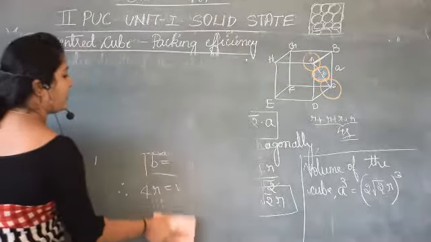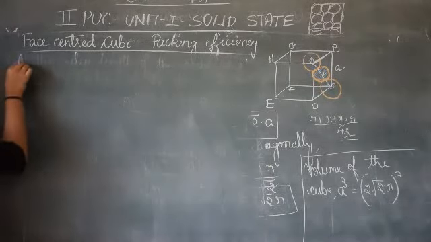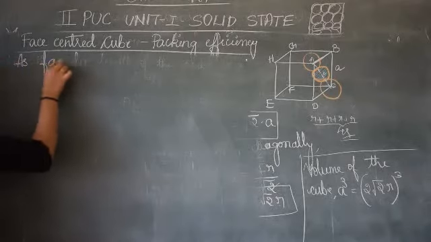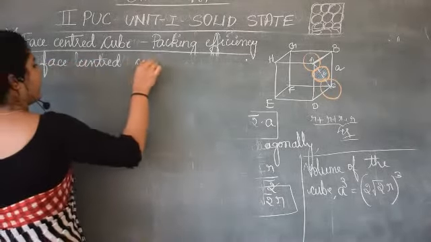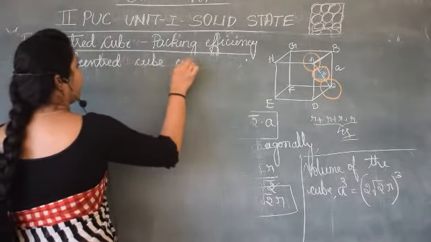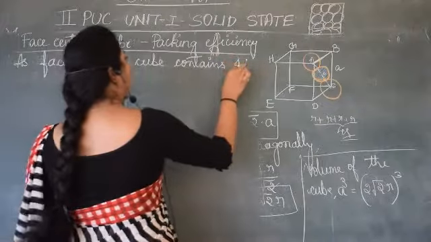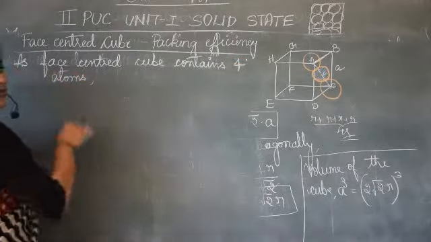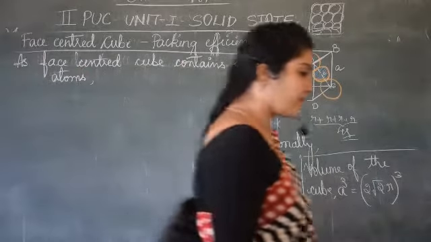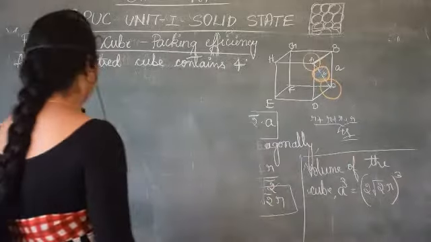Next, you will mention that face-centered cube contains 4 atoms. Therefore, what do you have? It contains 4 atoms.